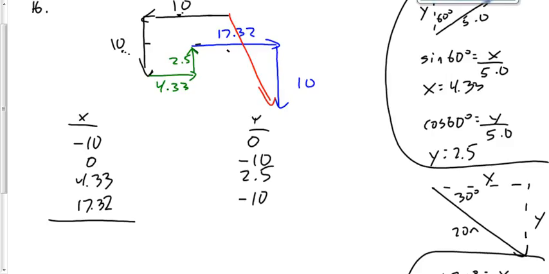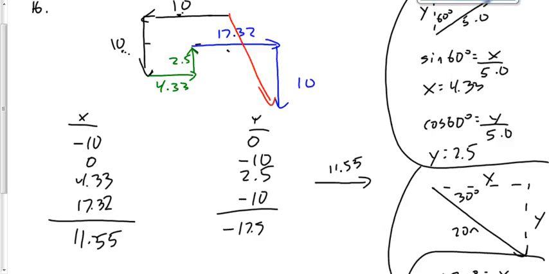Is that right? And this one would be negative 17.5. Find the value of R there?